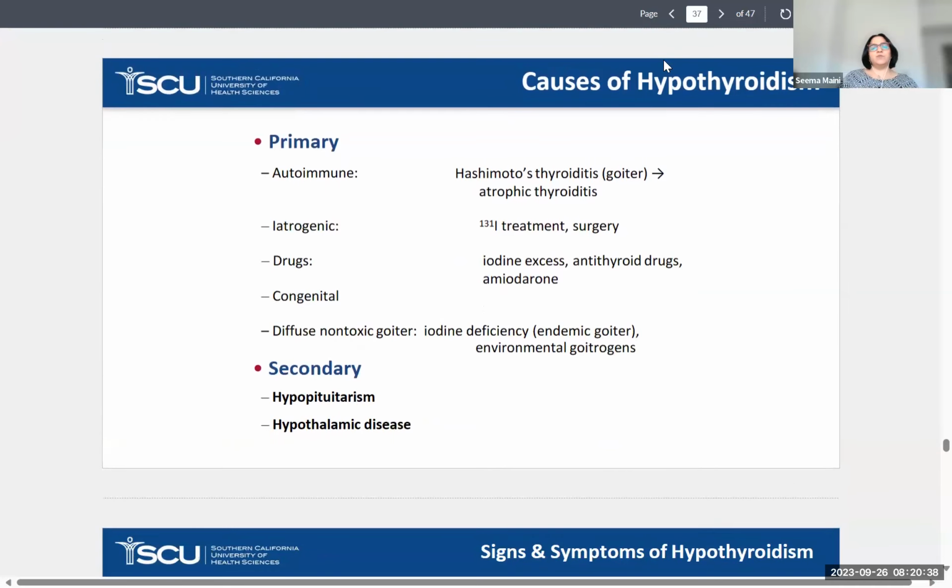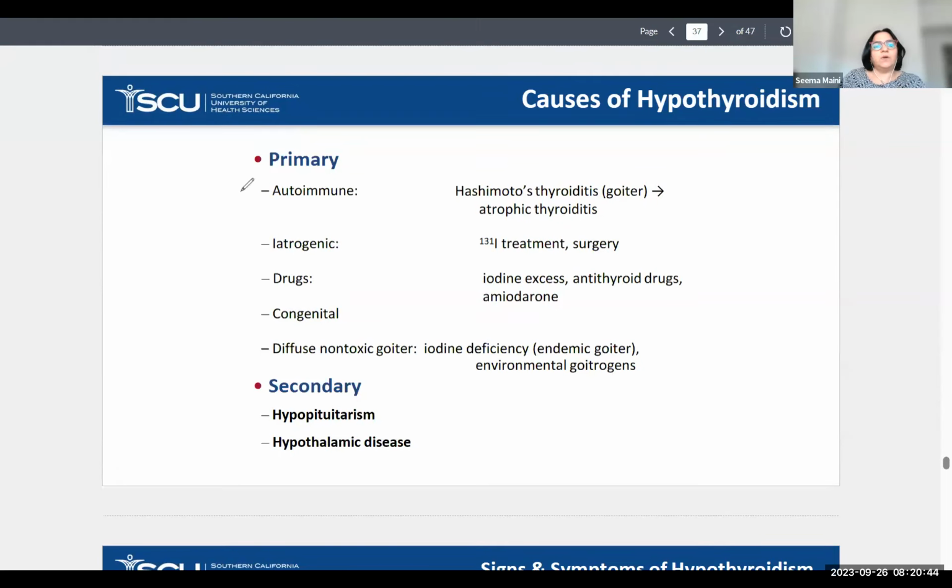And then causes of hypothyroidism. Now the gland slows down, okay? Autoimmune cause, Hashimoto's thyroiditis, okay? So initially in this kind of disease, there is an antibody that is produced.